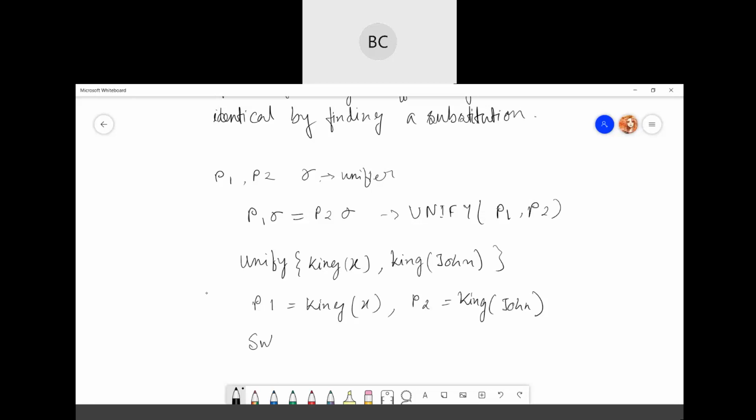Theta equals the substitution which replaces x with John, which will be a unifier for these atoms, and applying this substitution to both expressions makes them identical. Now we have a proper algorithm for that, but maybe I'll skip the algorithm part.